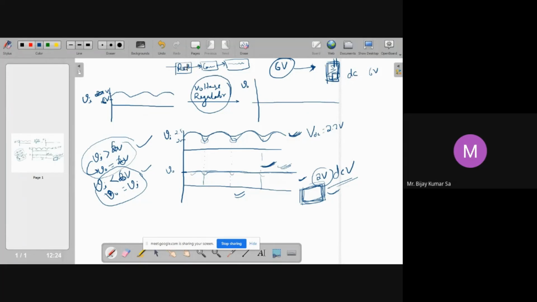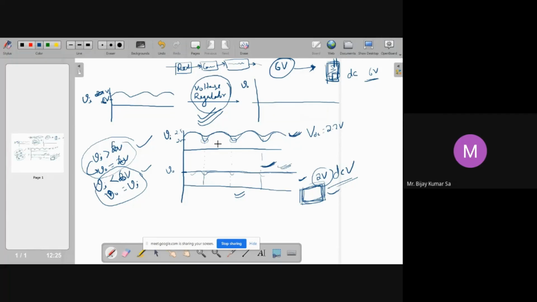You need to have this arrangement: a rectifier stage, a capacitor filter stage, and then a voltage regulator stage. Then only you get a suitable signal which can charge up your mobile device, which is designed to charge with a 6 volt DC input. So this is the importance of voltage regulator.